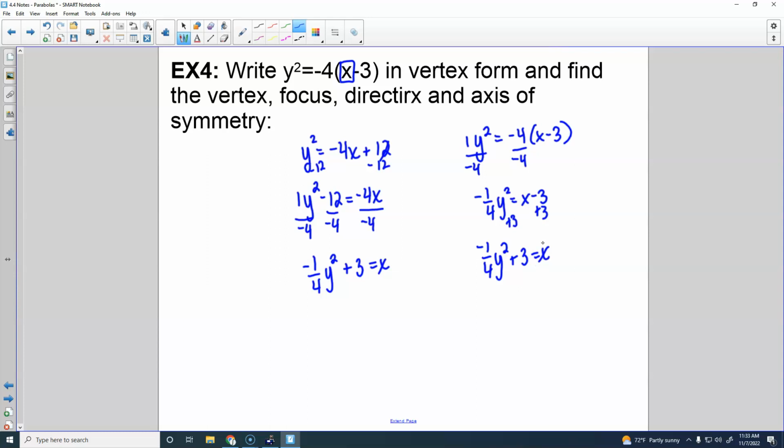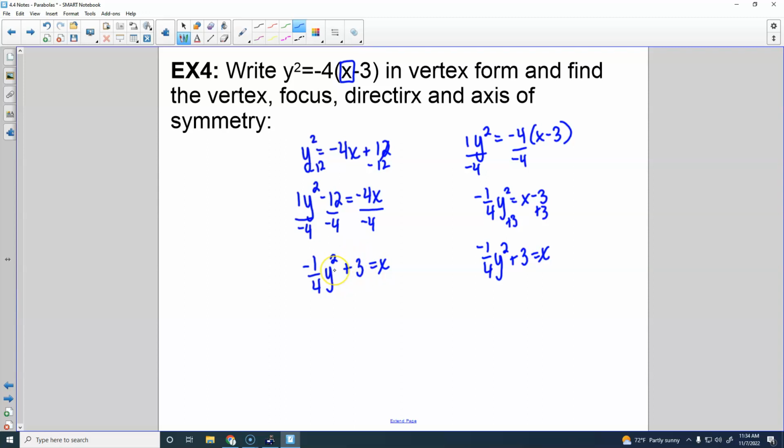Either's fine. Is this in vertex form? It doesn't look like it. Can we complete the square? We don't have a plain y term, right? This is actually already in vertex form. It does not look like it's in vertex form, but if I had, like, a 3y here, then I could complete the square, right?